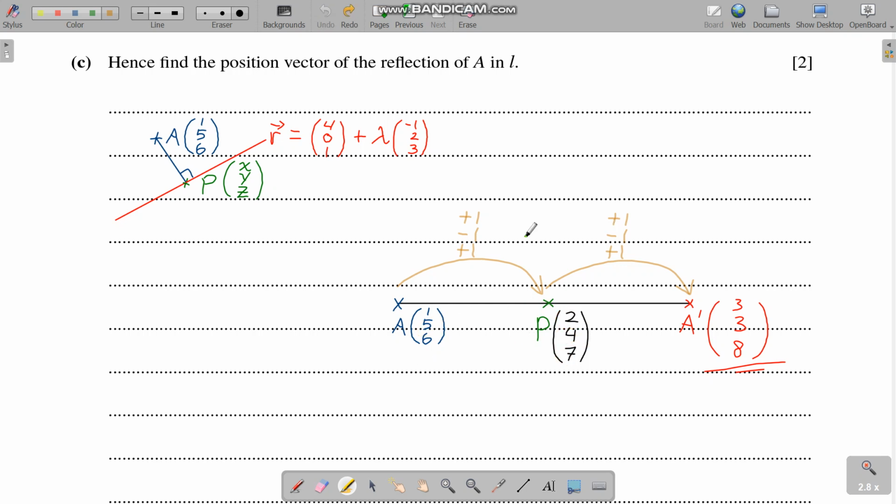The process should be exactly the same from P to the image. So also plus 1, minus 1, plus 1, which means 2 plus 1 is 3, 4 minus 1 is 3, and 7 plus 1 is 8. So just like that, the image is (3, 3, 8).